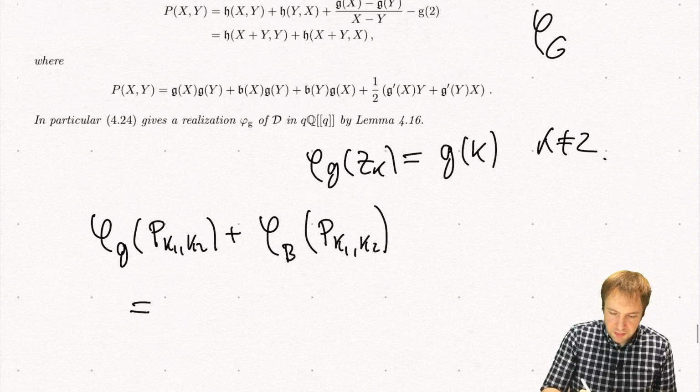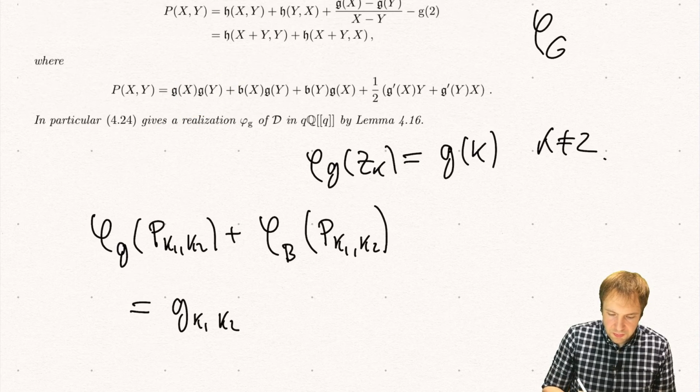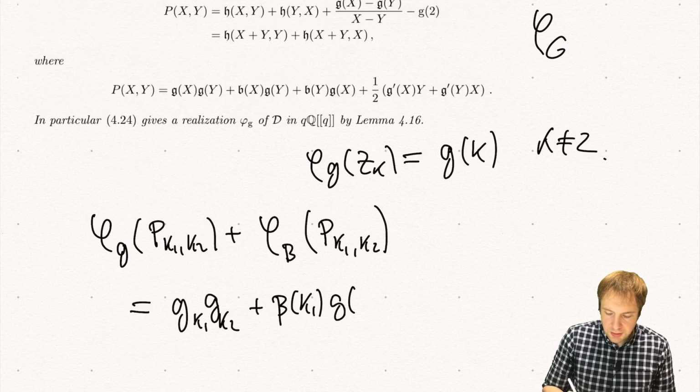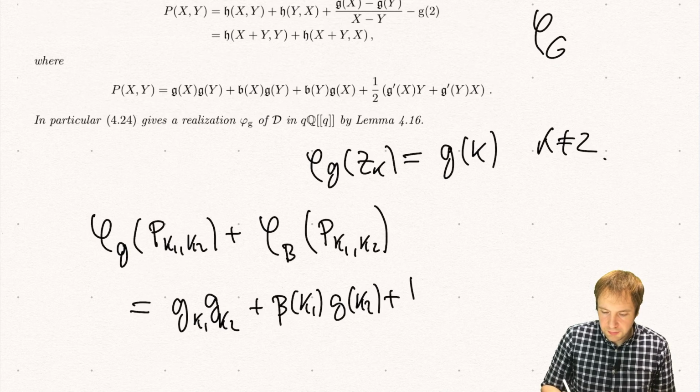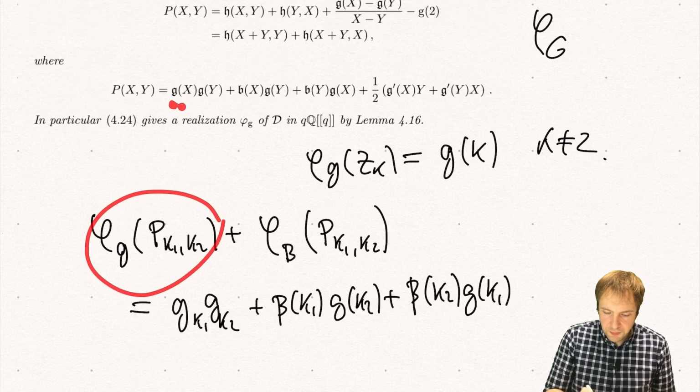So here we get g k1 k2, g plus beta k1 g k2 plus beta k2 g k1. So this comes from this part here.